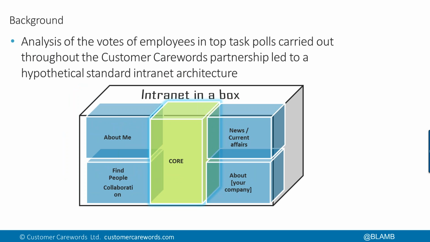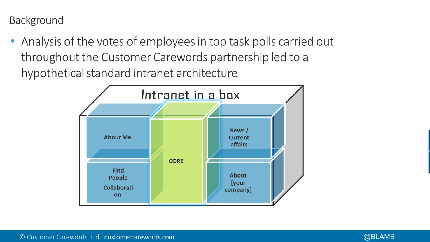When we did the analysis of all the top task poll results, we found that in each and every one of them we could identify a pattern. And the pattern was for there to be 5 main groups of tasks.